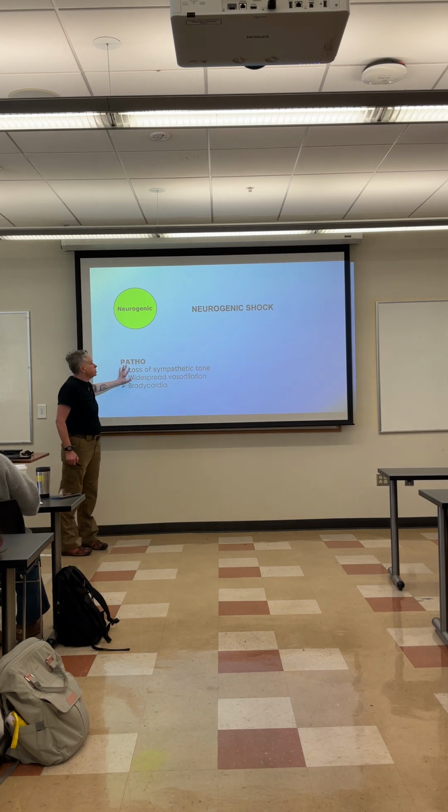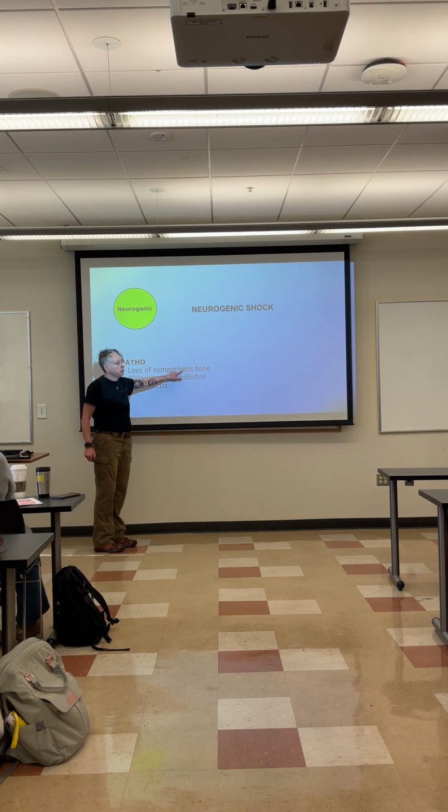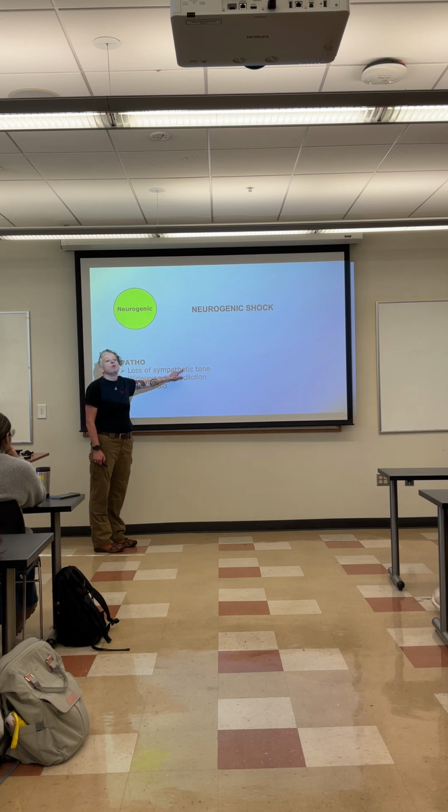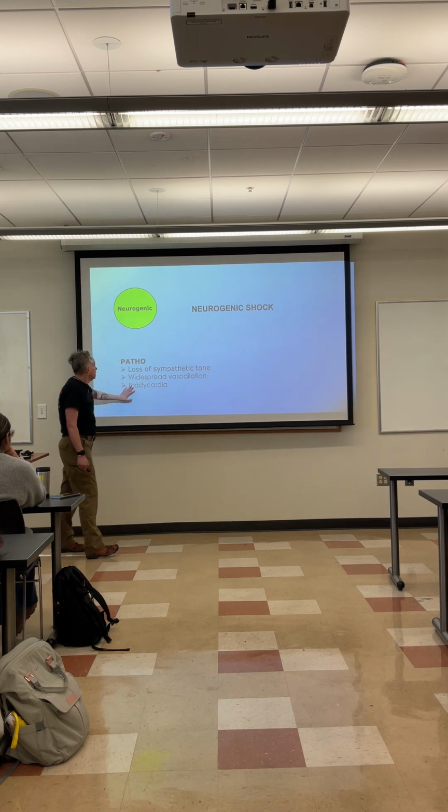For neurogenic shock, you have lost the sympathetic part of your nervous system. This is fight or flight. So parasympathetic takes over, which is everything is relaxed, which includes your entire container. Massive vasodilation.